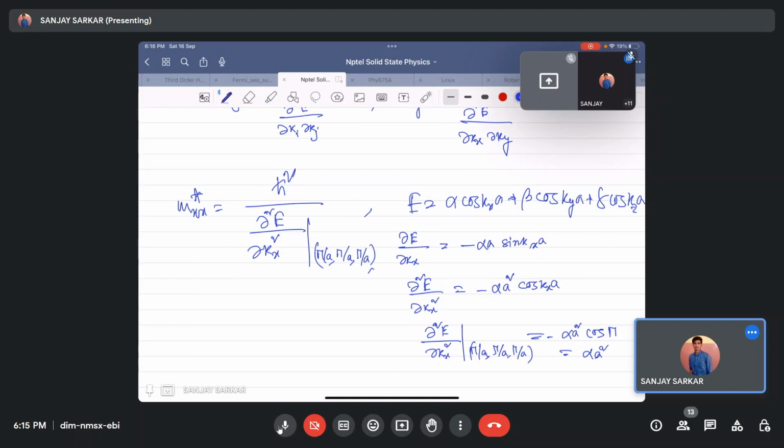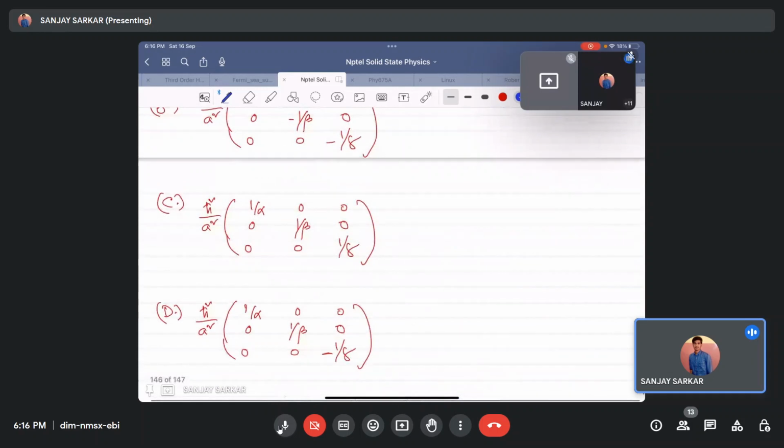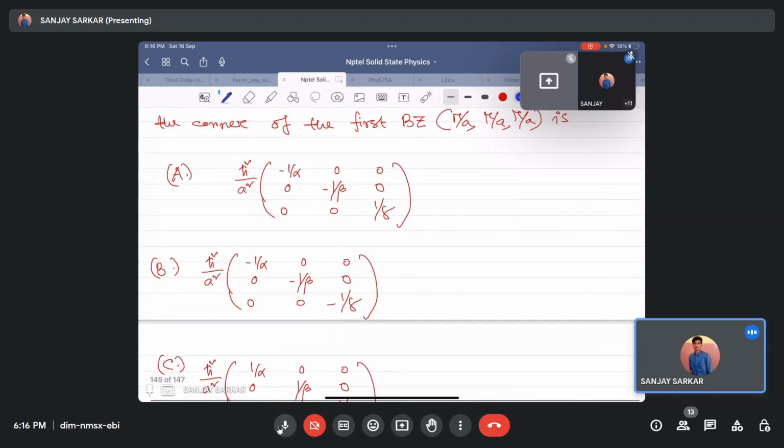That means mx6 star is h bar square by alpha a square. So alpha a square is taken out and you are left with h bar square by alpha a square. So you can already rule out some options. Option A and option B cannot be correct because you have h bar square by alpha a square for the mx6 star component.